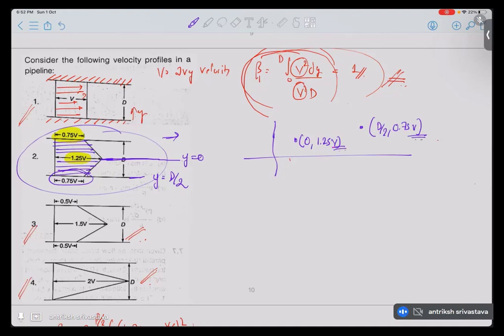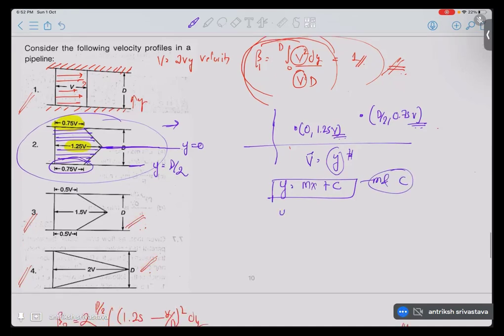Now you have to get the velocity variable as a function of y. Either you can use the y equal to mx plus c concept and get m and c, or you can equate the slopes. If you all remember, we have 2 points on the straight line, so the slope between these two is going to be equal.